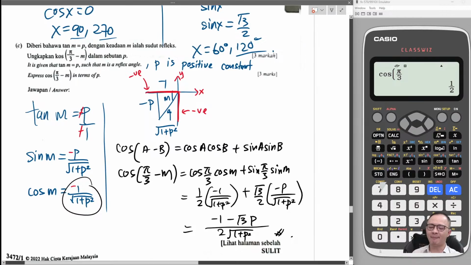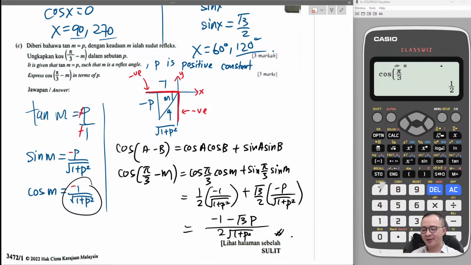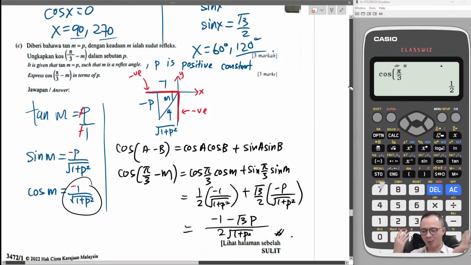not very hard, but I would say the question is unclear because this question doesn't tell us if P is a negative or positive constant. Like I say, can P be negative 2? Yes, right, because it's a constant. Can P be positive 2? Yes, right, because it's a constant. But the examiner just wants us to assume P is positive.